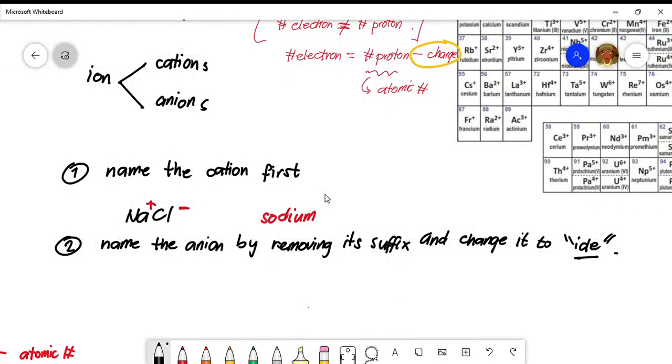So the name for this, let's go back here, we have sodium chloride. That's the simplest example.